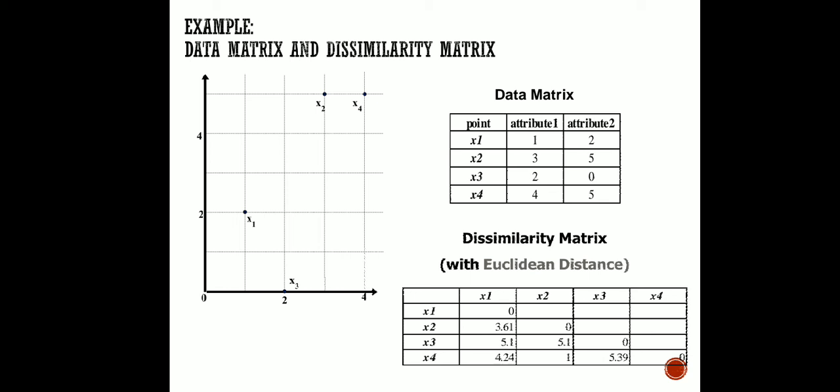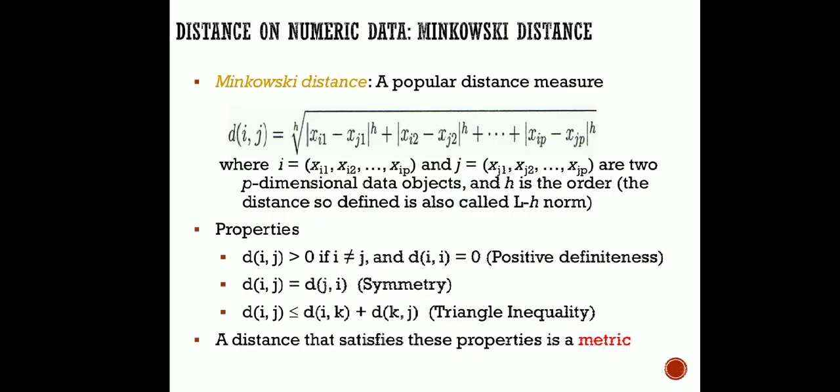Before going to Euclidean distance we have to learn what Minkowski distance formula is. Minkowski is a standard formula from which we can find different kinds of distance parameters invented by different scientists, but this is the standard formula.